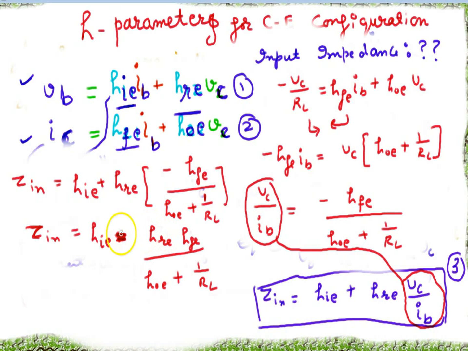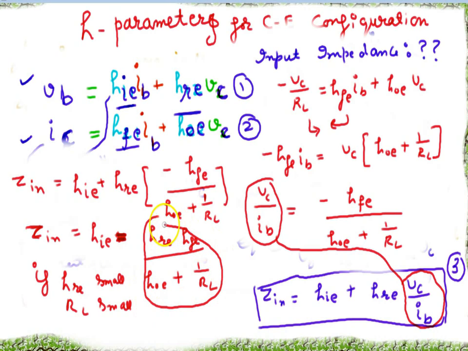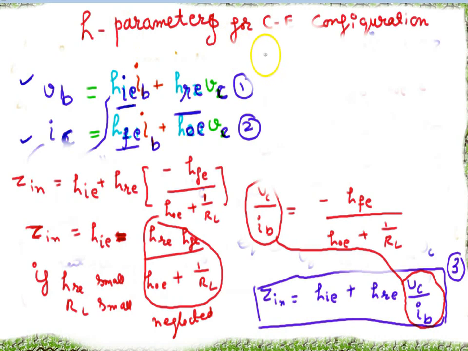This is an exact equation, and if we make an approximation that HRE is small and RL is also very small, then the second term is neglected. Then the approximate formula of input impedance becomes Zin is equal to HIE.